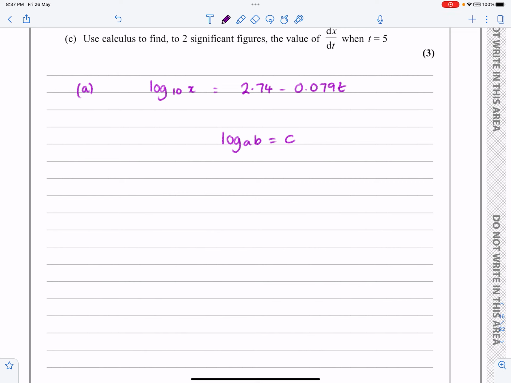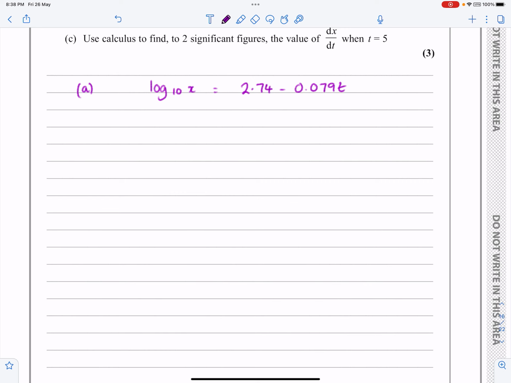You can go both ways, but in this case, a to the c will equal b. So sometimes questions start with the log statement and go to the power, or we could have had the power statement and ended up trying to get the log. So using this idea, let's get rid of that.